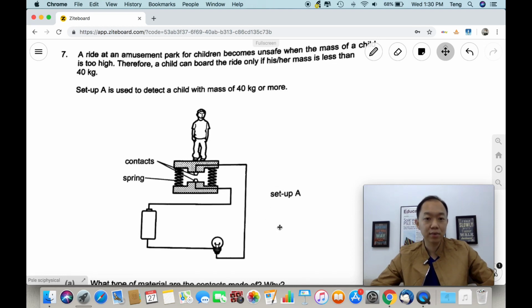So it's not safe. I've got plenty of comical reasons why it is not safe. I'm not sure if I can share that with you, but I'm going to share it anyway. Comical reason number one: you get this boy to stand here, and because he's standing on some kind of spring, he might just fly away. If the spring is too strong, when he stands on it, you can feel he flies away.